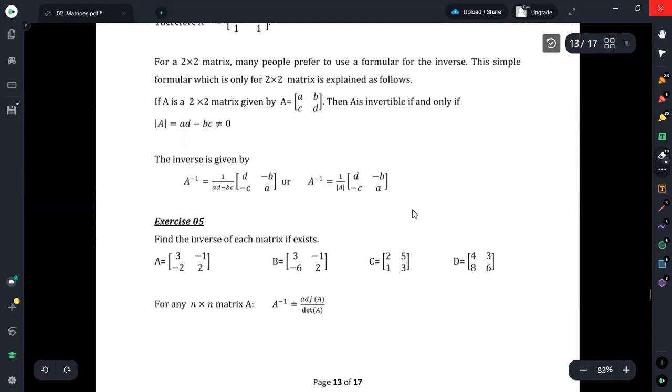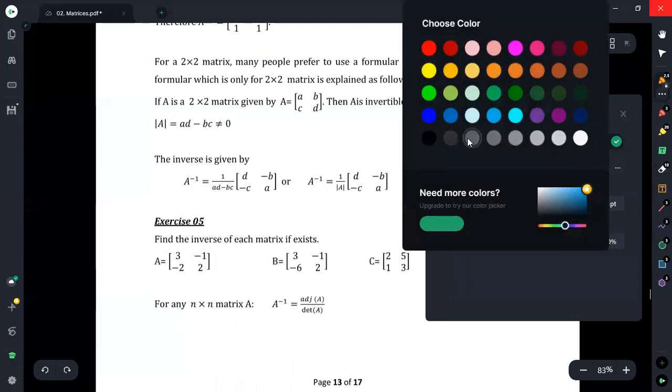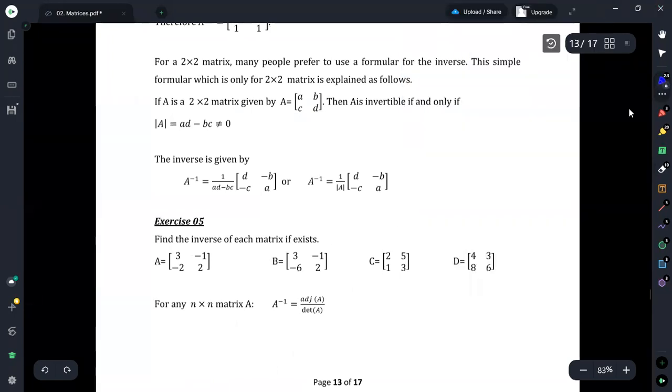As the last point of the previous lecture, we described this equation.